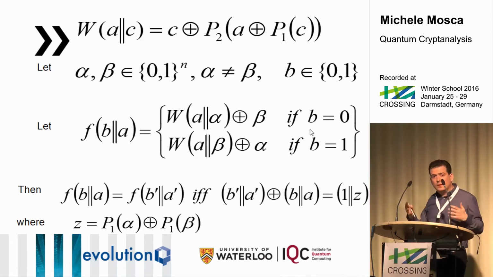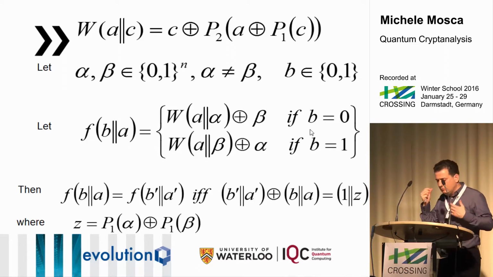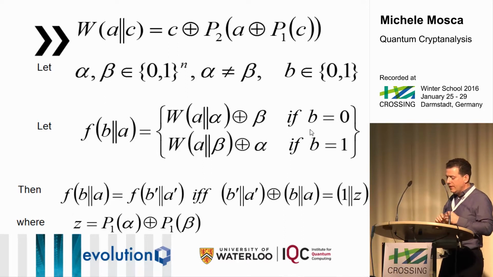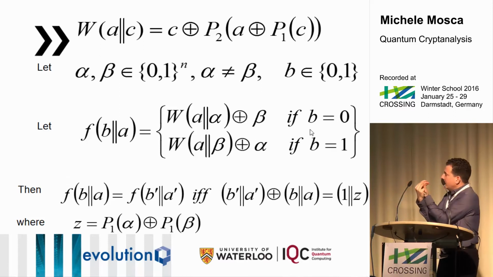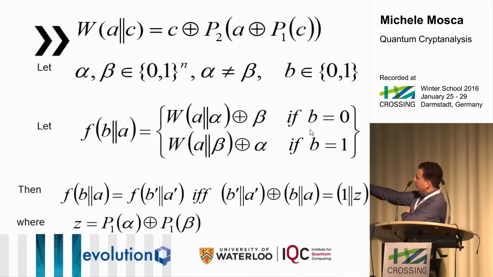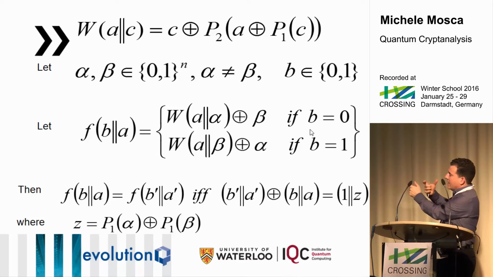It happens, and you can carefully analyze this, it's not too hard to verify, that this function maps the n-bit string corresponding to b,a to the n-bit string corresponding to b',a' if and only if those 2 input strings XOR to a fixed string corresponding to 1 concatenated with z.